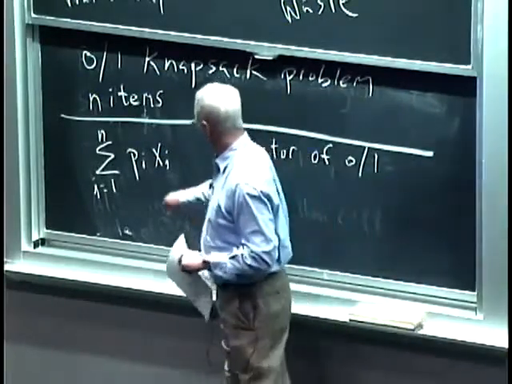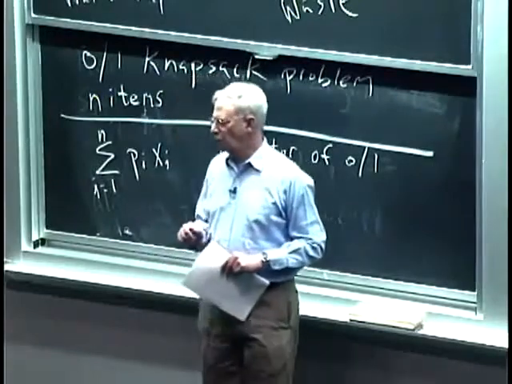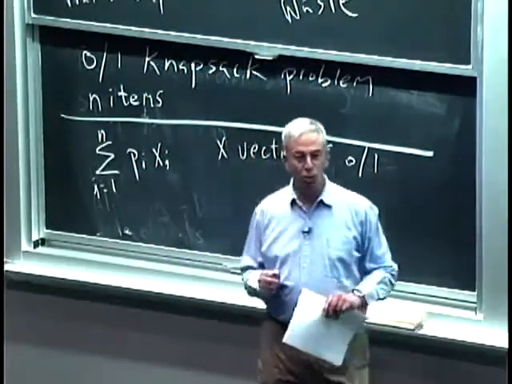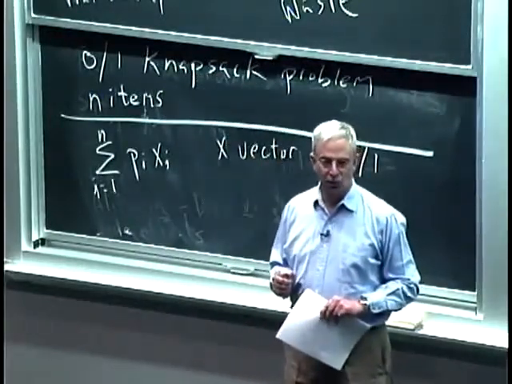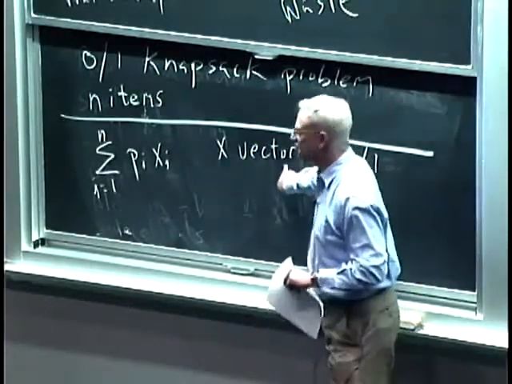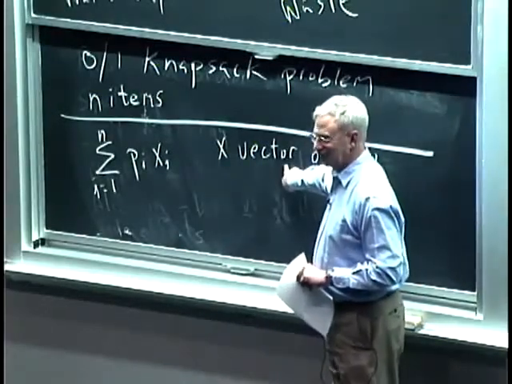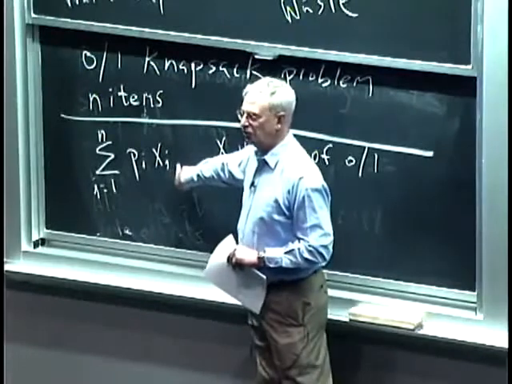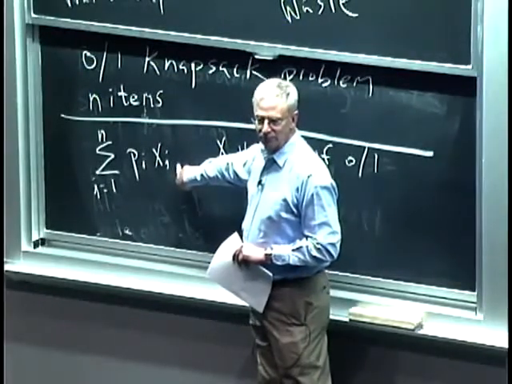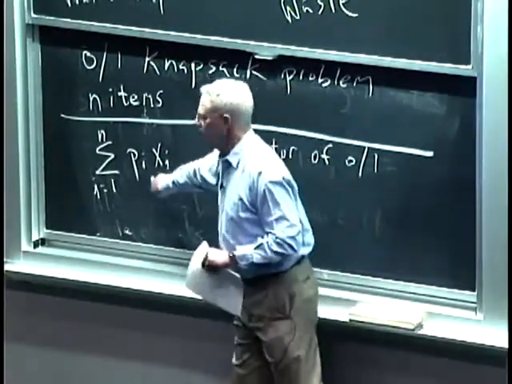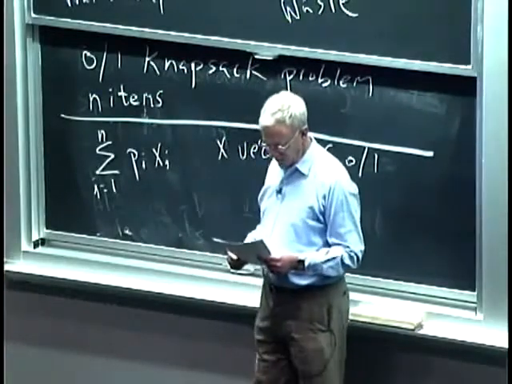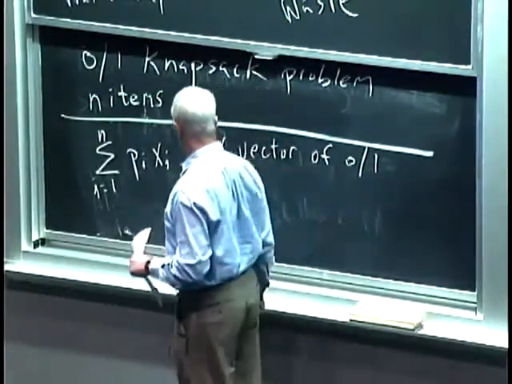And so I just take the value of that item times whether it's 0 or 1. So my goal here is to choose x such that this is maximized, right? Choose x such that that function is maximized subject to a constraint.